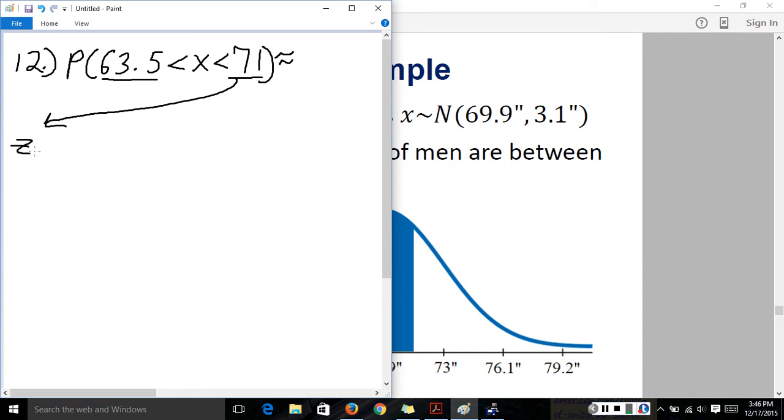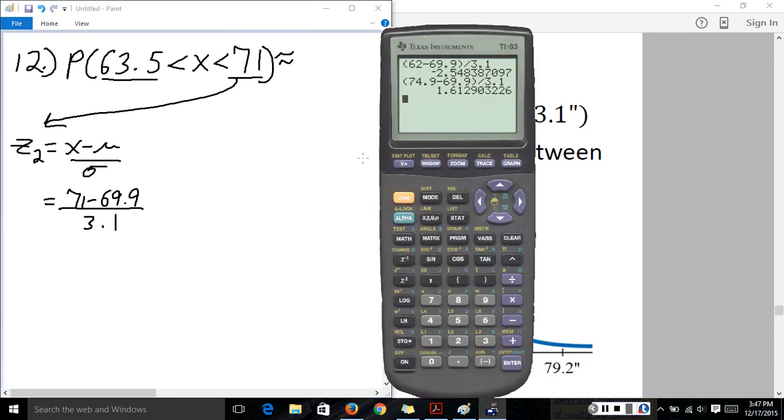We'll call that z sub 2 because it's the bigger one. You get 0.35.